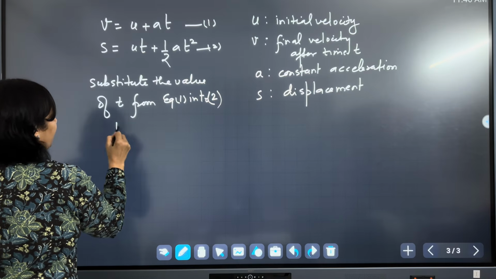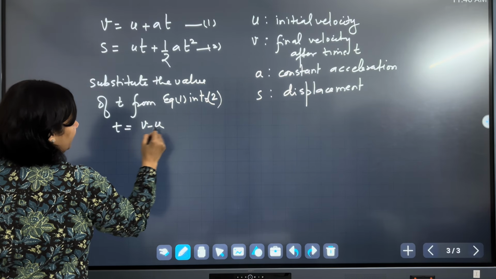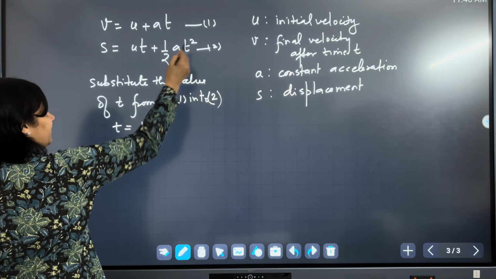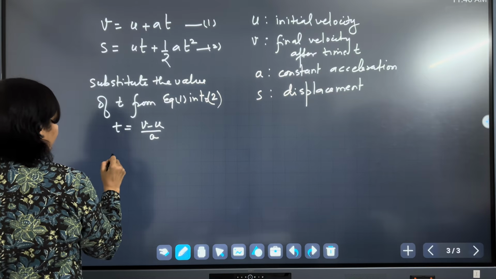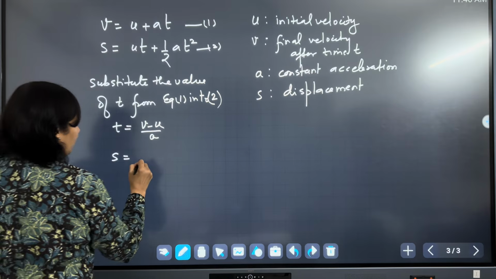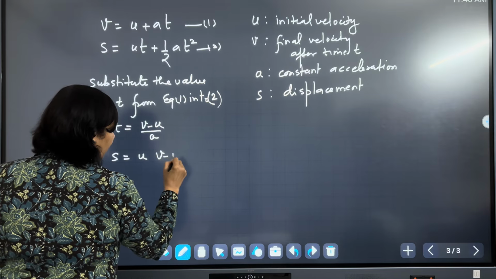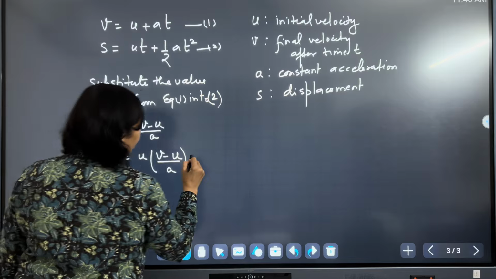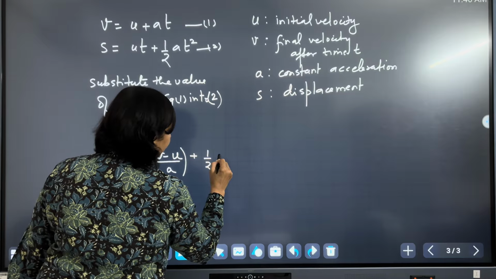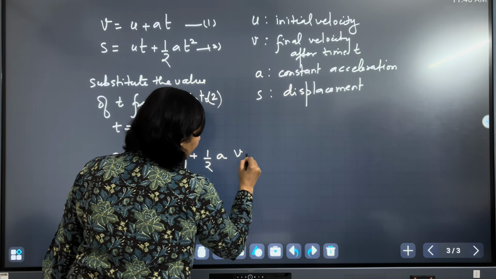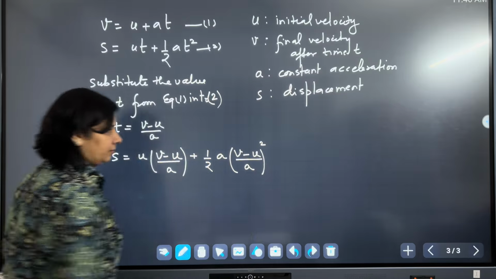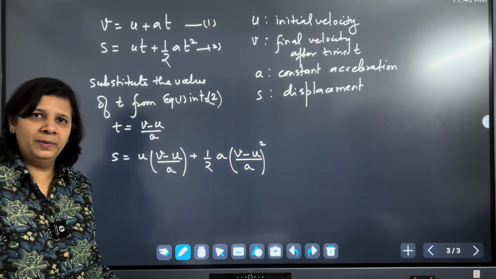So t is equal to v minus u over a from equation 1, right? That I can substitute in the second equation. So what do I get? s is equal to u times (v minus u over a) plus half a times (v minus u over a) whole square. Simple.